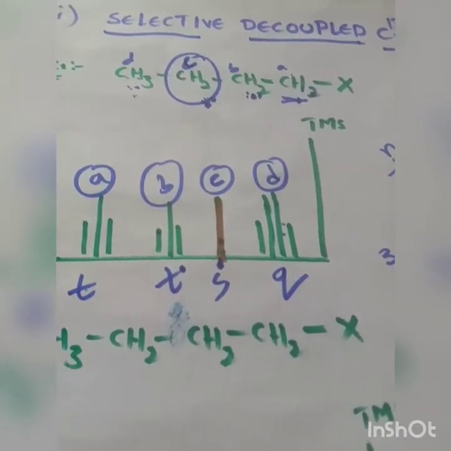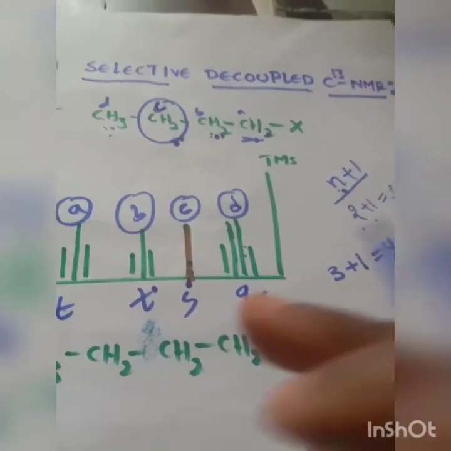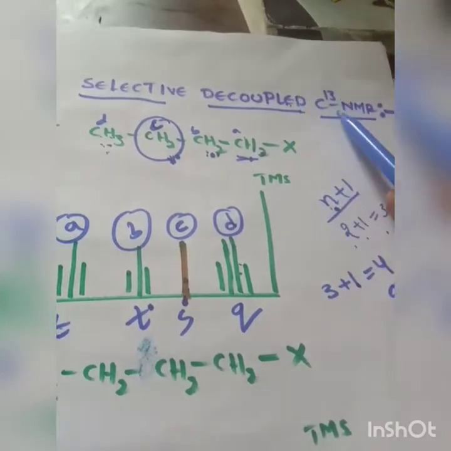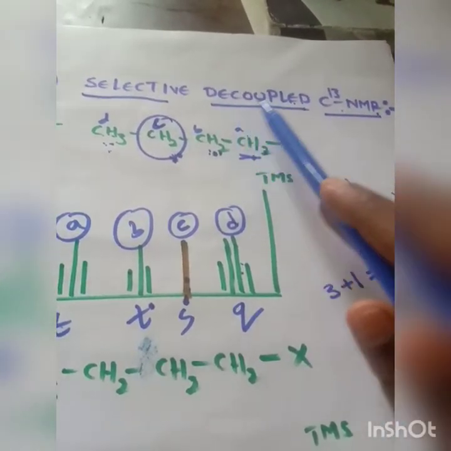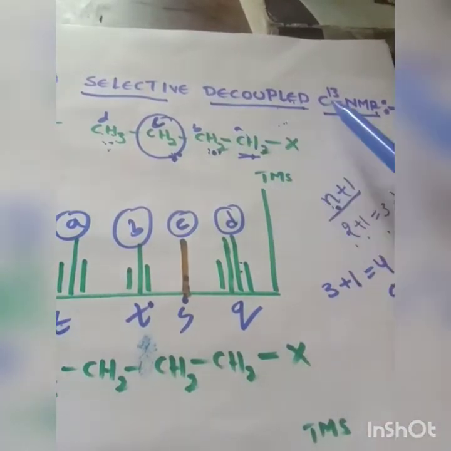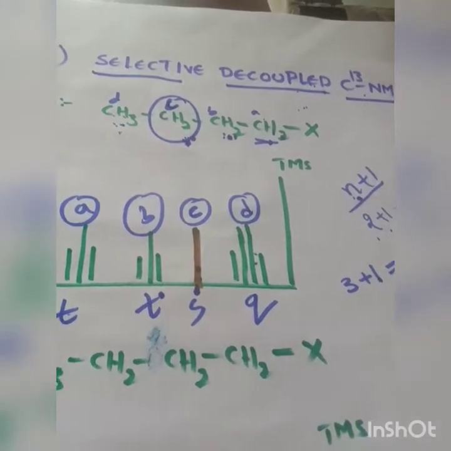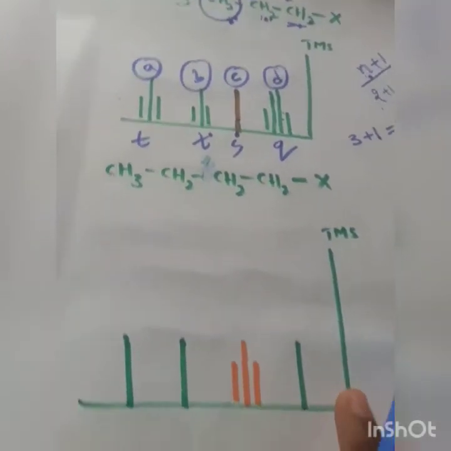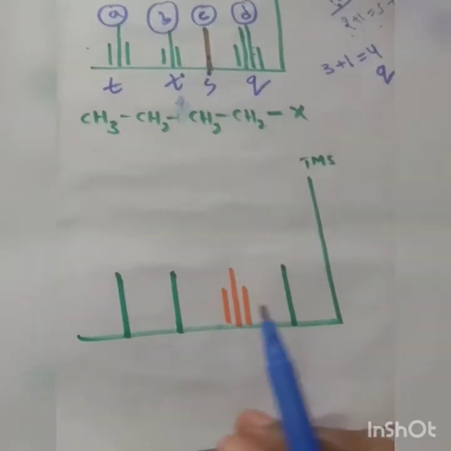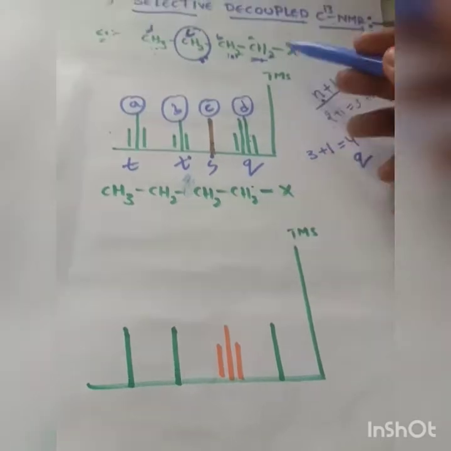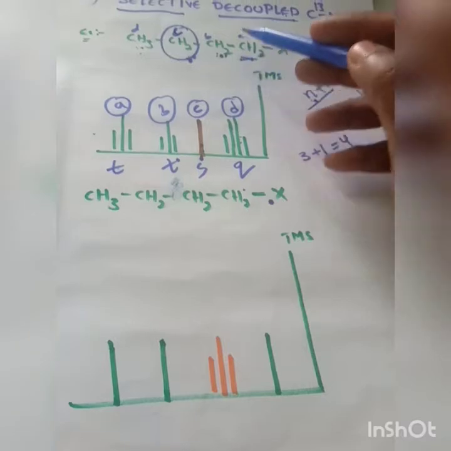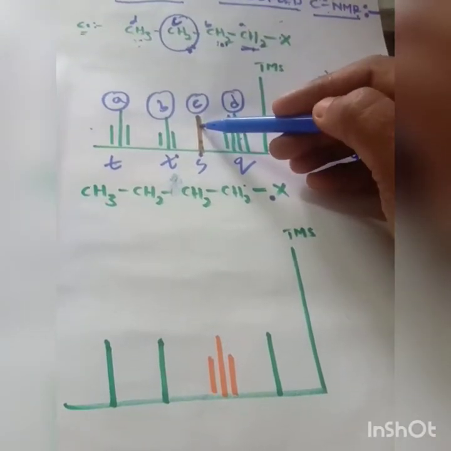That's why the name of this C13 NMR spectrum is selective decoupled C13 NMR. Since we selectively do the coupling and decoupling, the name is selective decoupled C13 NMR. Now the same example again, in the second spectrum. In the first example, one C group underwent decoupling.